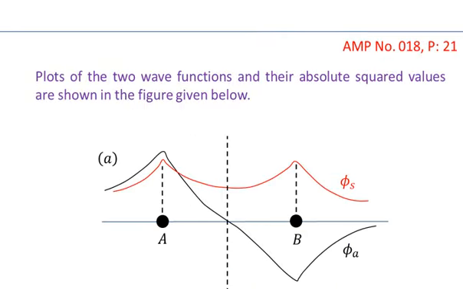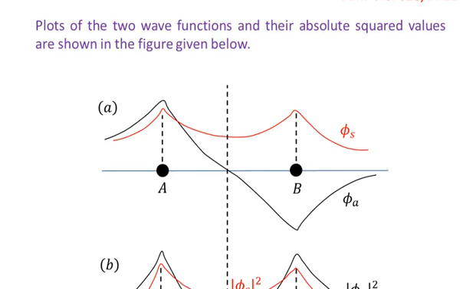Now through a graphical representation, I am going to give you an idea of the symmetric and anti-symmetric wave functions. Plots of the two wave functions and their absolute squared values are shown in the figure below. Here in part A, I have shown the plot of the two wave functions. Phi S is represented with the red curve and phi A is represented by the black curve.